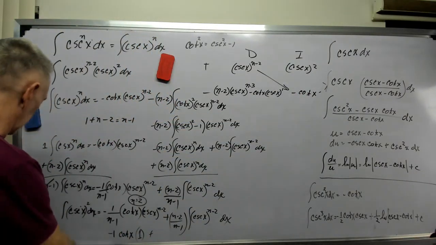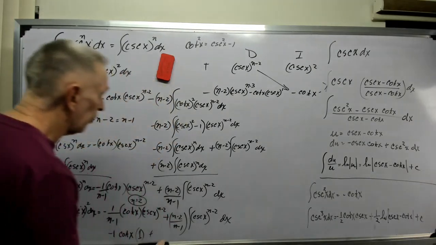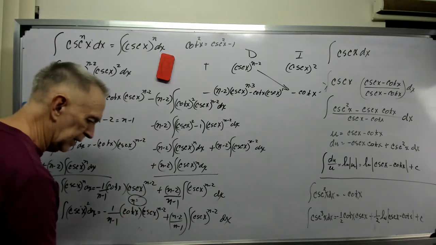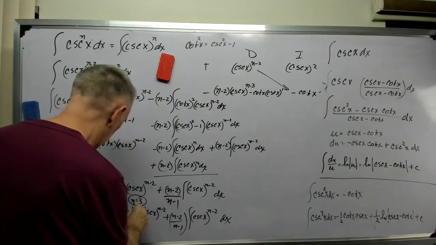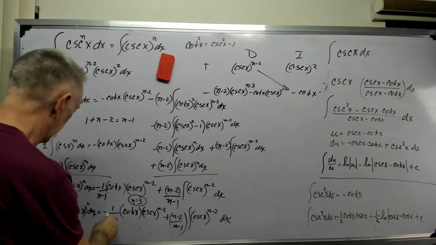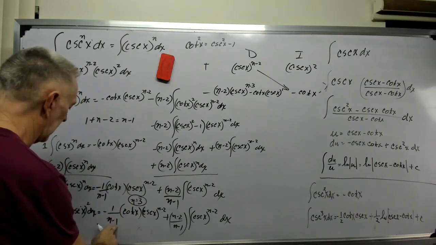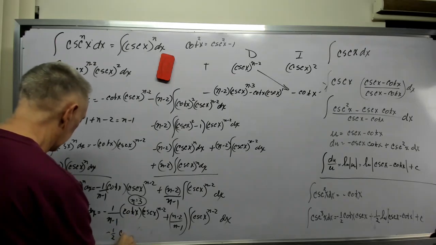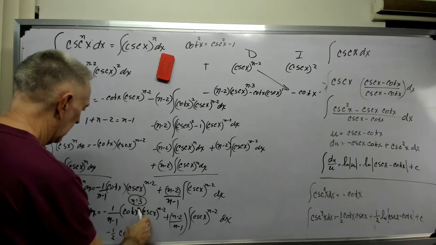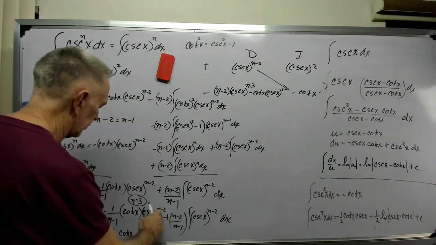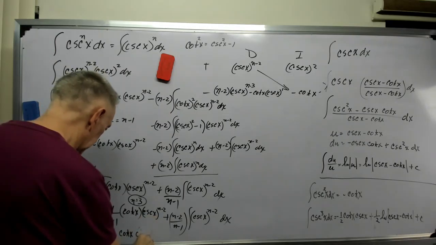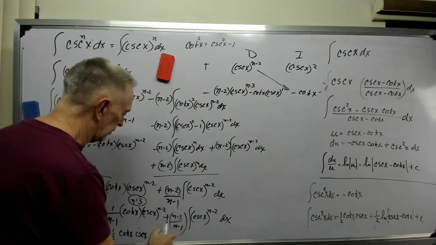Okay, now then, let's let n equal 3. So now n equals 3. So now I have minus 1 over 3 minus 1. So that's minus 1/2 cotangent x. 3 minus 2 is 1. So cosecant x plus 3 minus 2 is 1.